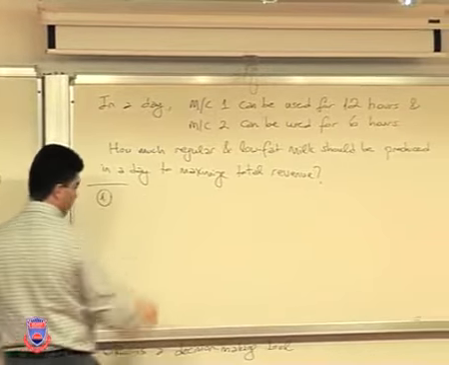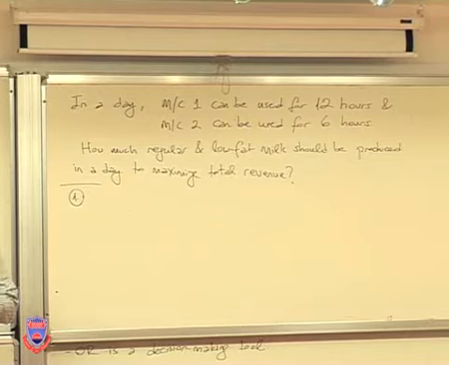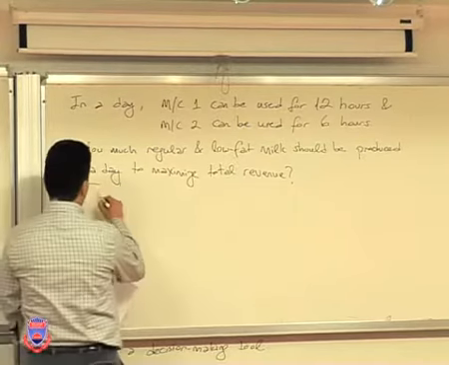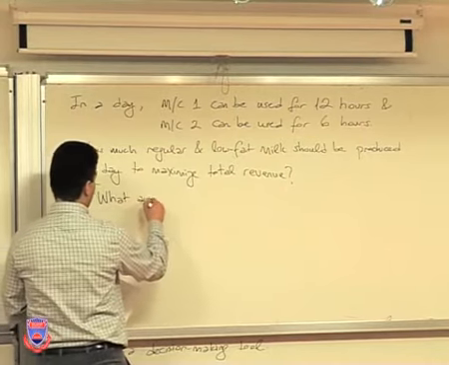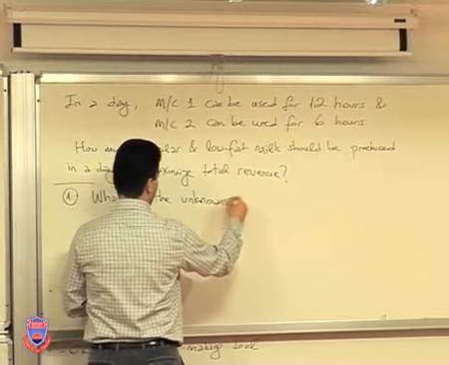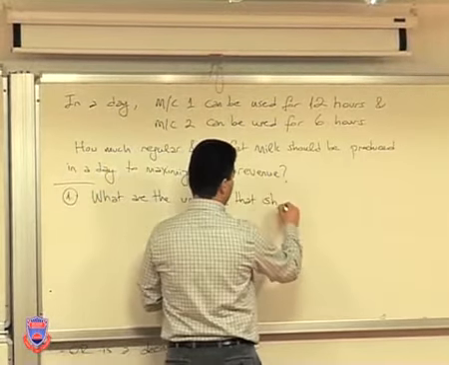All right, so let's start with the first one. The first question is the following. What are the unknowns that should be determined by the decision maker?